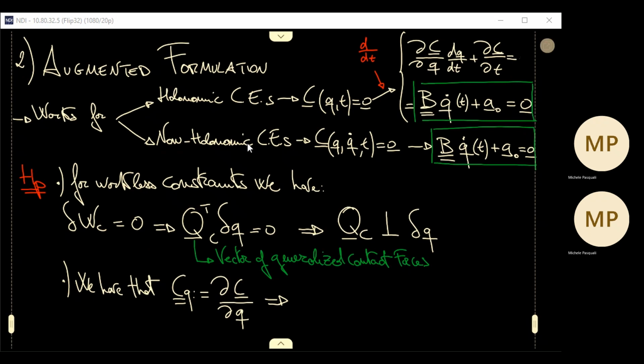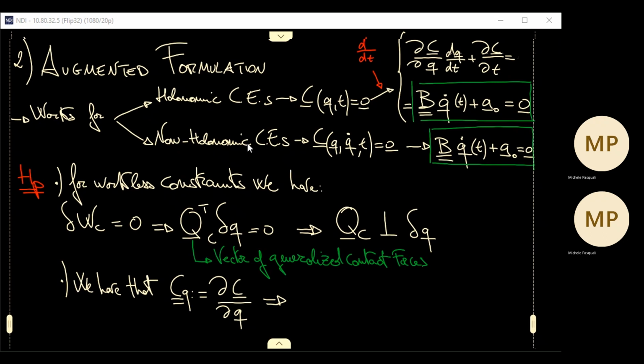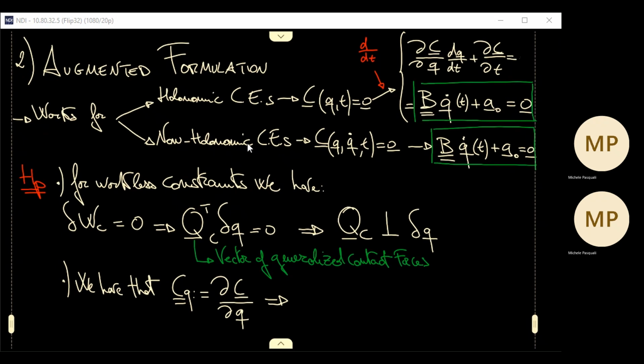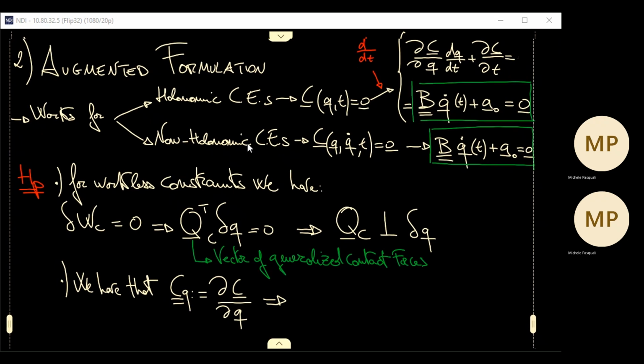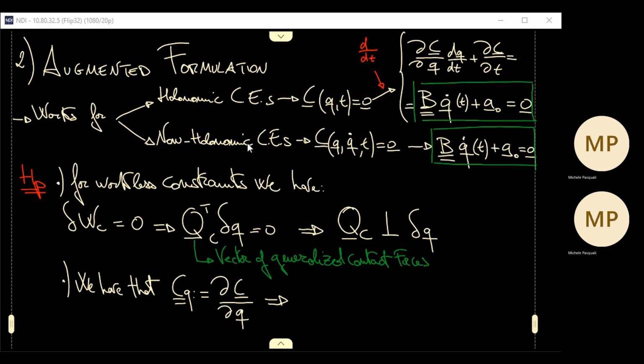When you perform the derivative operation of a vector with respect to another vector, the columns of the matrix which results from this operation are perpendicular with respect to the vector upon which you perform the derivative, okay?